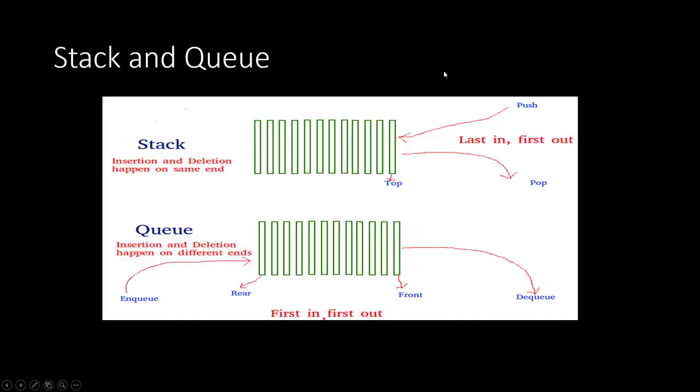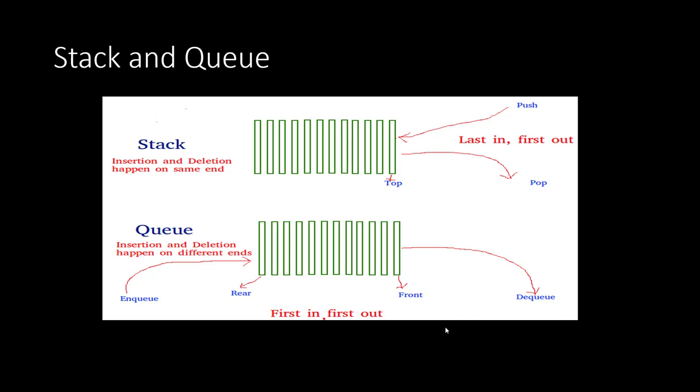Okay, so as we discussed, a quick summary of what stacks and queues look like and how they operate. As you can see, a stack is a LIFO kind of data structure, where the element that goes in last comes out first. So it's last in, first out, with just one end closed.